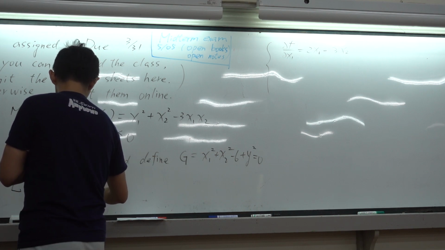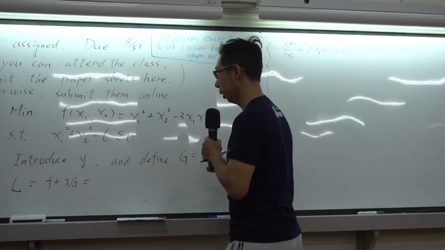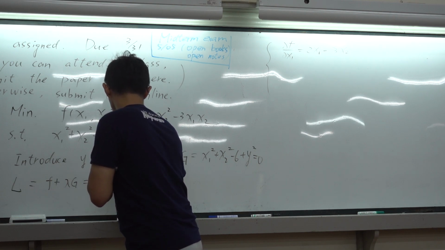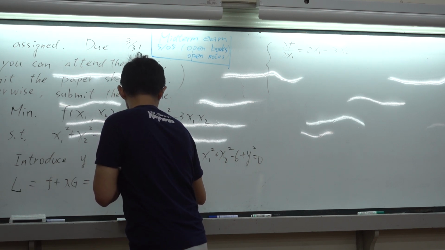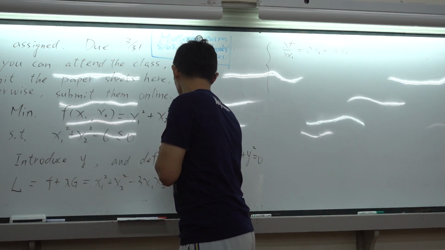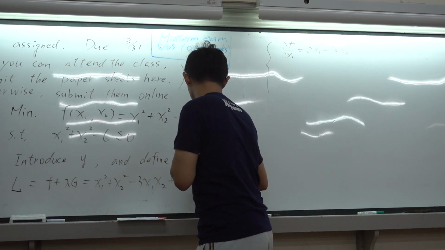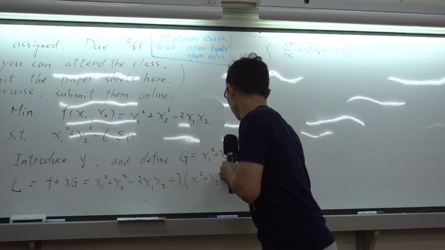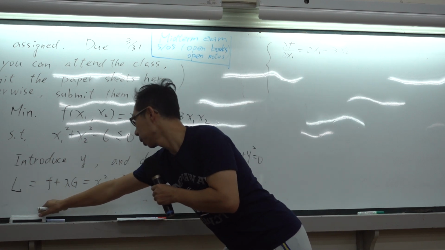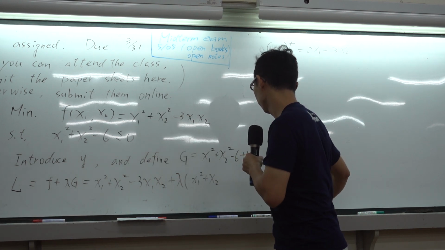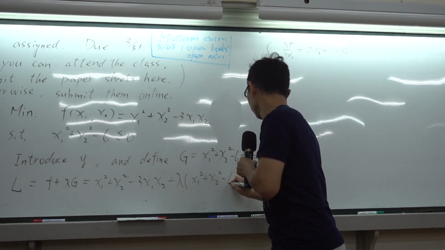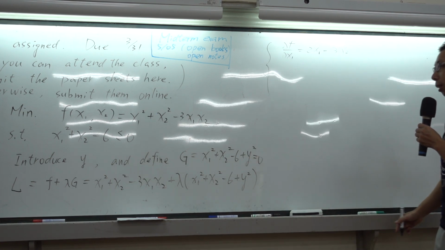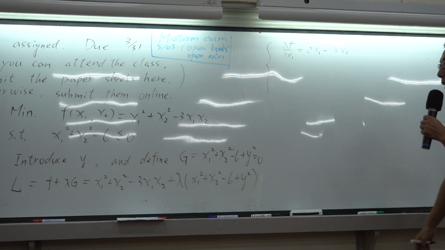And if you want to write down the whole thing, x1 squared plus x2 squared minus 3x1x2 plus lambda times x1 squared plus x2 squared minus 6 plus y squared. Okay? So this is the L.